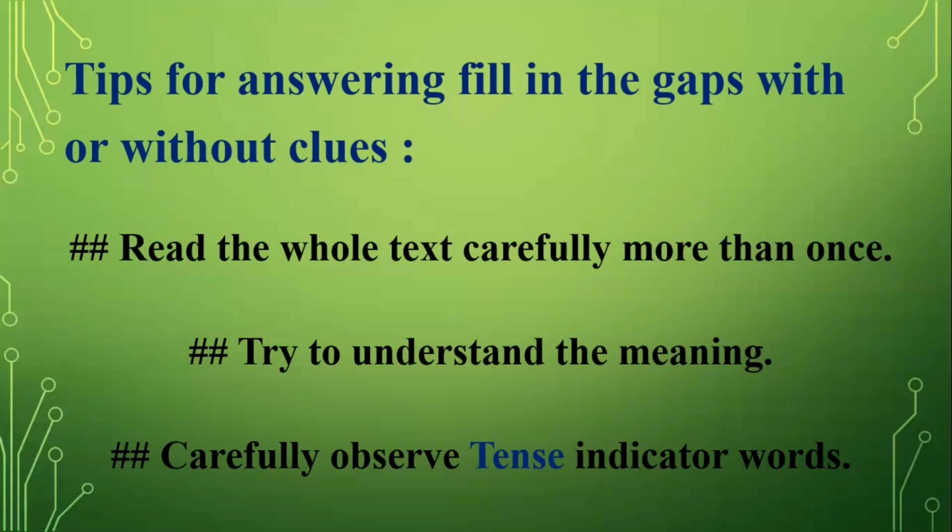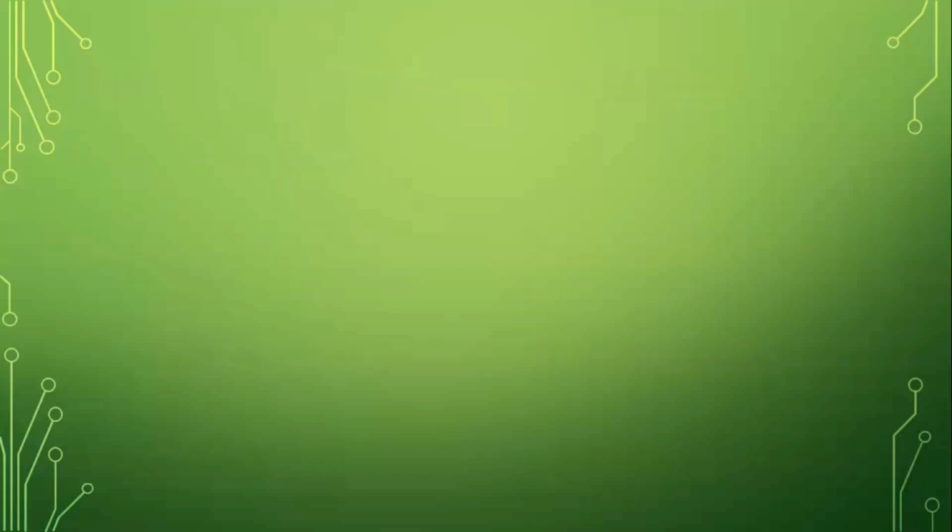And sometimes you can also find just now, already, that indicate present perfect tense. So try to carefully observe the tense indicator words. Then it will be helpful for your answer.